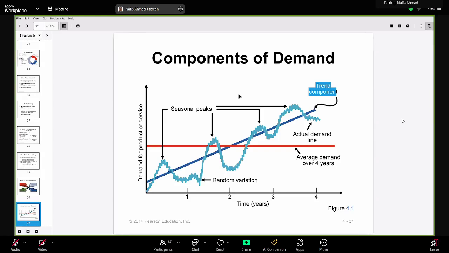So those who know about the nature will take the necessary preparation in advance, right? If Ramadan or Ramjan starts in March, the business people will start to open their LCs for importing this type of product so that they can satisfy the demand in Ramjan. So these are seasonal variations.